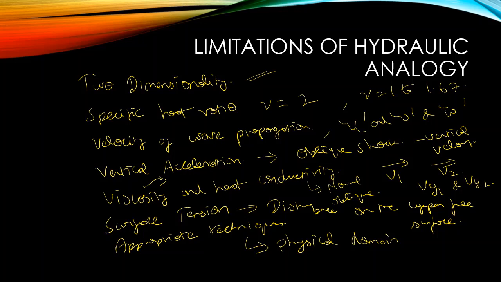These appropriate techniques lead to limitations, such as the measurement of all these five or six different properties may not be accurate. It still has accuracy, but it is nominal accuracy. All the results of the hydraulic analogy give nominal accuracy, not high accuracy, right?